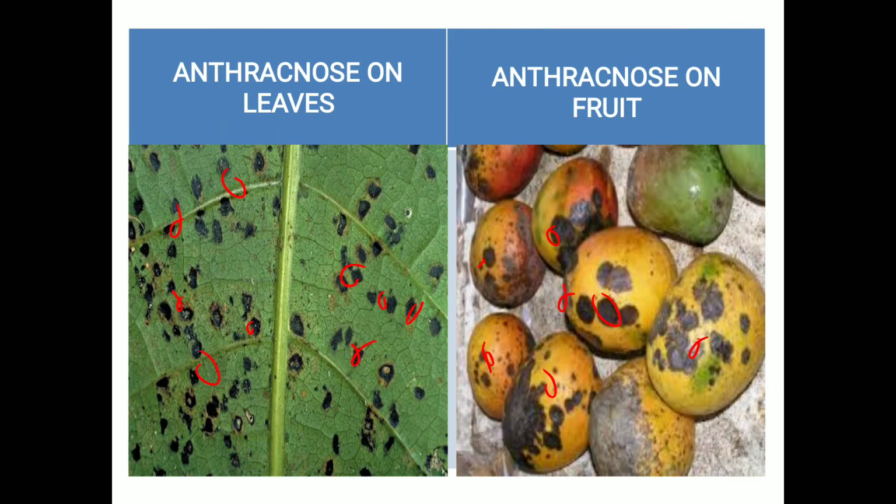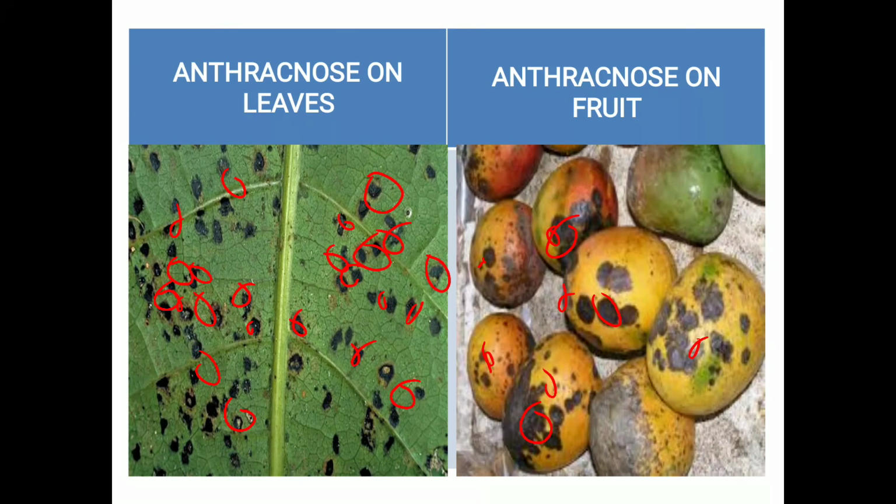Next one, anthracnose. So anthracnose is nothing but brownish to blackish spots observed on the leaves or on the fruits, and these spots connect with each other as they mature.